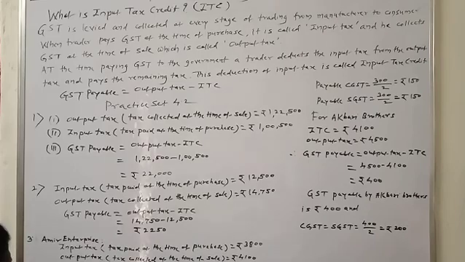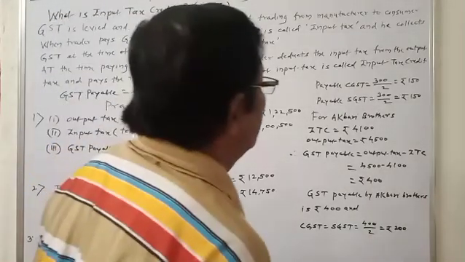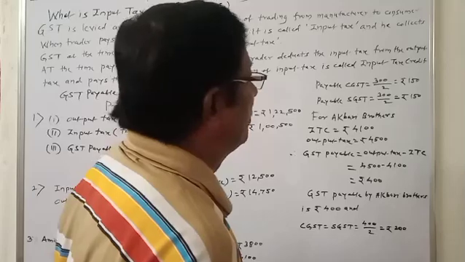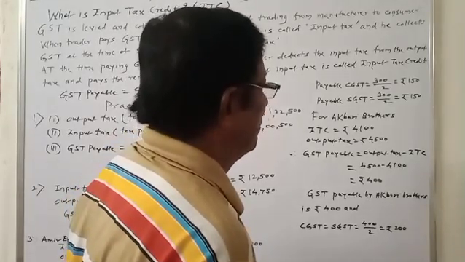GST payable is output tax minus ITC, input tax credit, 4,100 minus 3,800, rupees 300. Then payable CGST is 300 upon 2, rupees 150. Payable SGST is 300 upon 2, rupees 150.